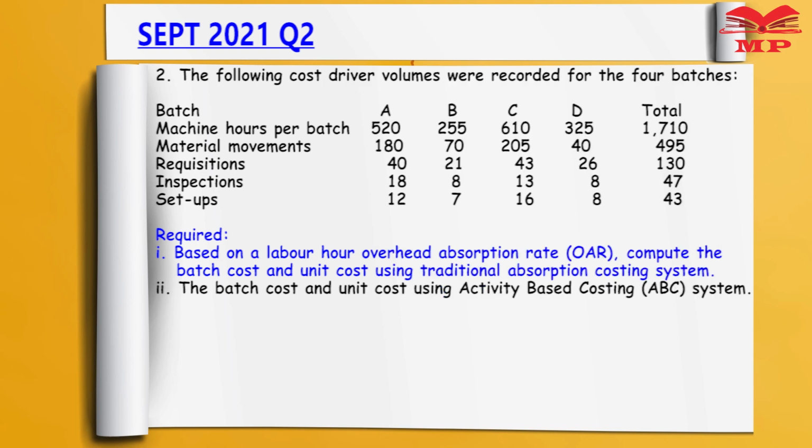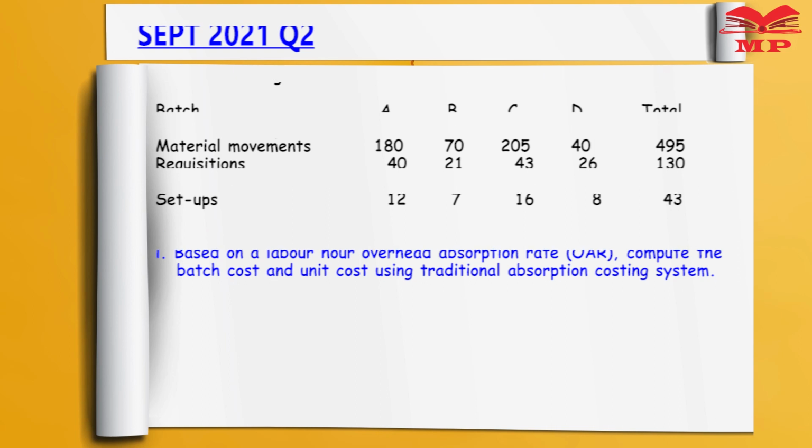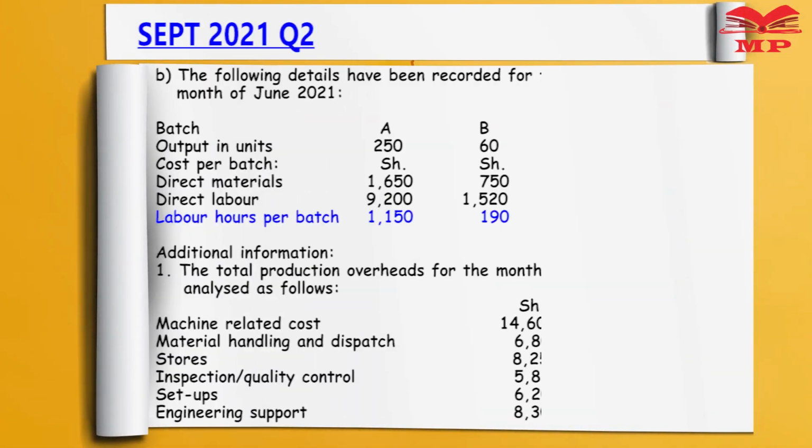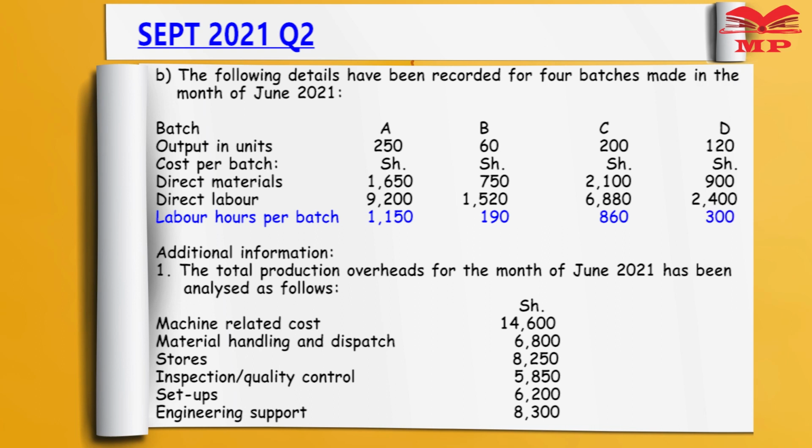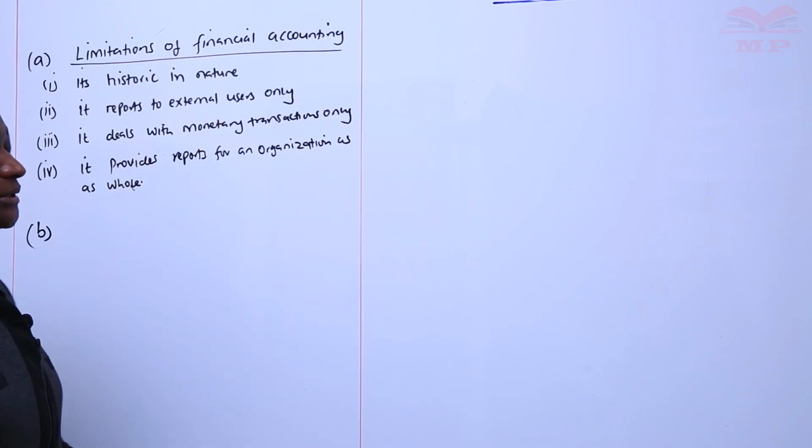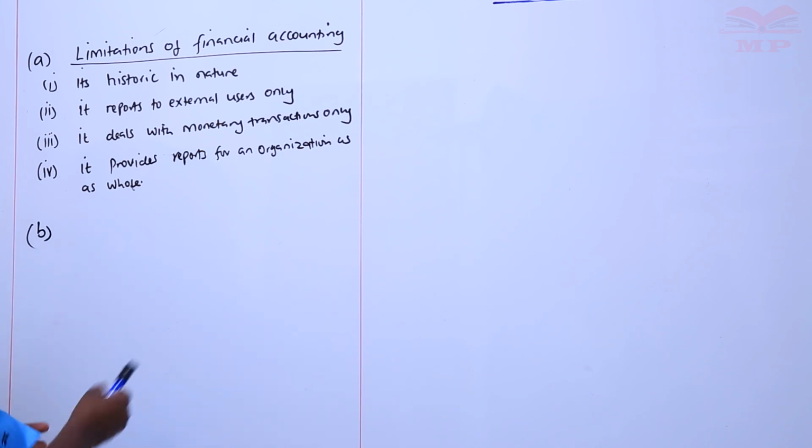And so part 1 is requiring us to calculate an absorption rate that is based on labor hours. In the first part of this question, where we have batch A, B, C, and D, there is direct labor hours per batch that has been given. And there is a way that we normally use to calculate an absorption rate.